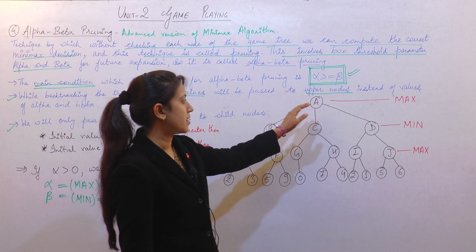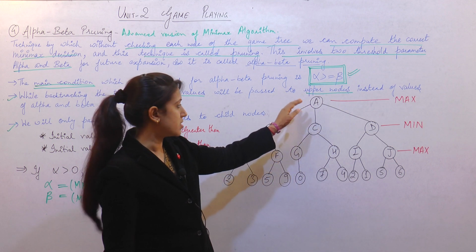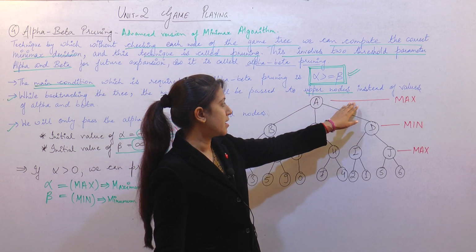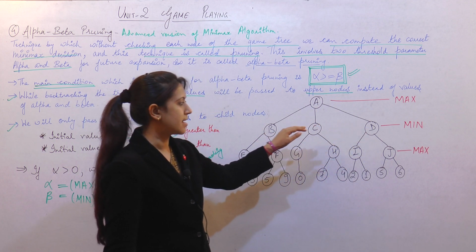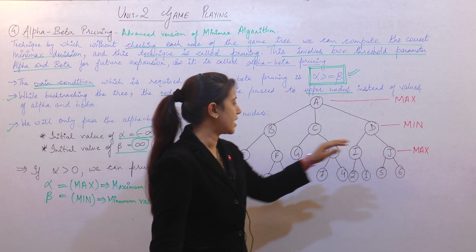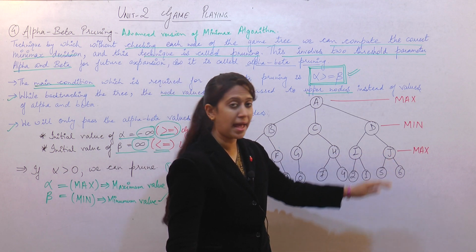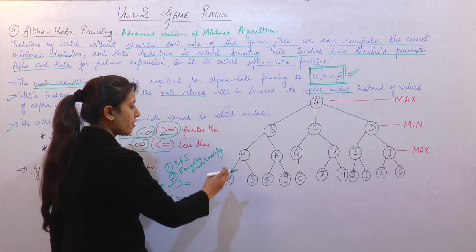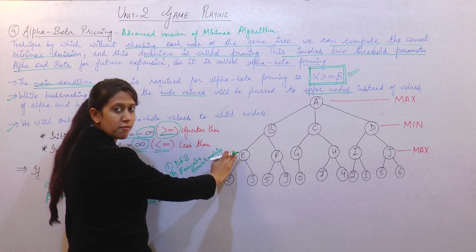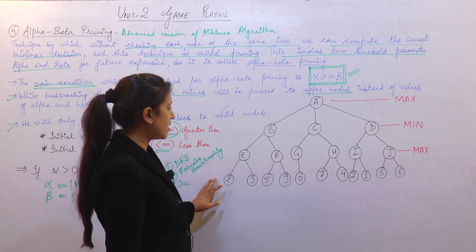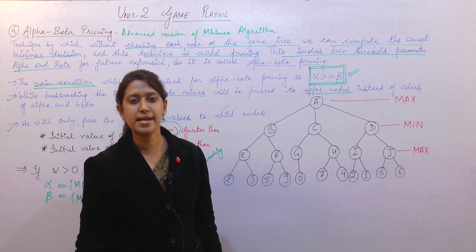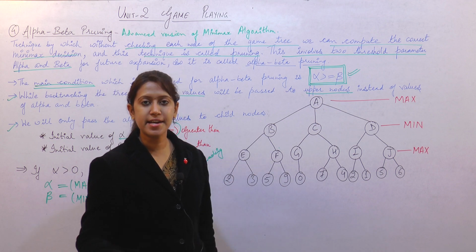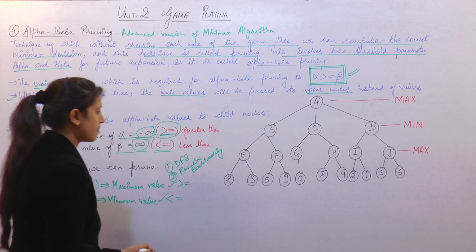Since we studied in the minimax algorithm, at node A max is playing, then at nodes B, C, D, that is at level 1, min is playing, and at the next level, level 2, max is playing. So for calculating the node value of E we will be using the values chosen by max, that means the greater value from the available values.